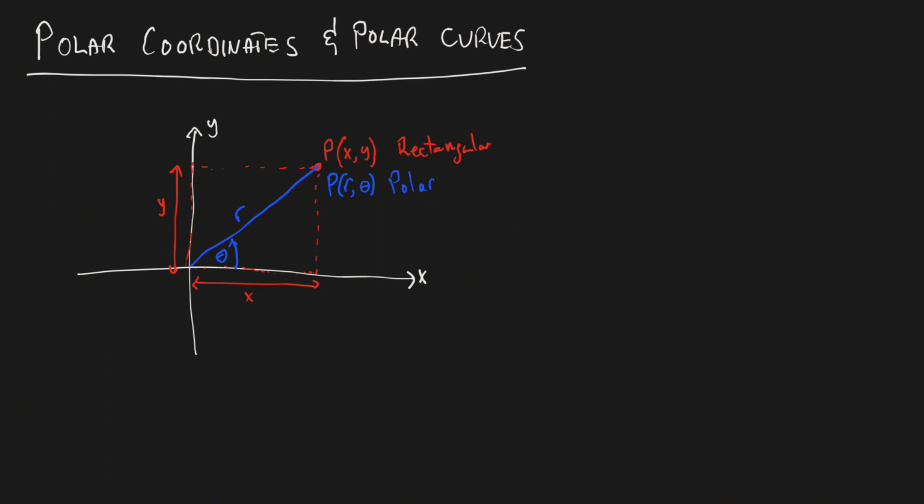All right. Now let me add just a few more things here. In terms of theta, if we think in terms of our unit circle and where our special angles are located, we know that the positive horizontal axis corresponds to theta equals 0.